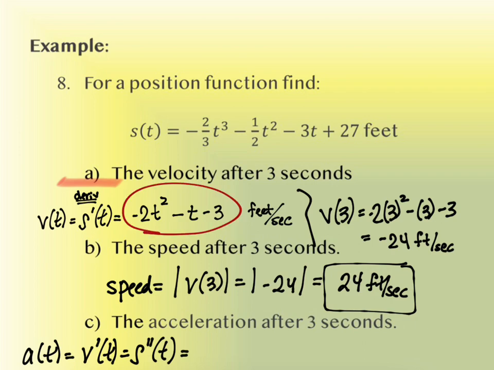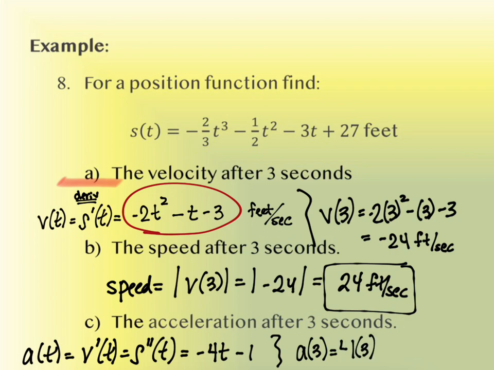What's the derivative of negative 2t squared? Negative 4t. What's the derivative of negative t? Minus 1. And the derivative of negative 3? 0. So it's just negative 4t minus 1. And if I want to evaluate this at 3, I will put the 3 in for my t.